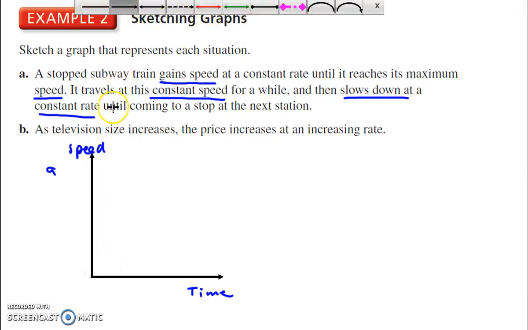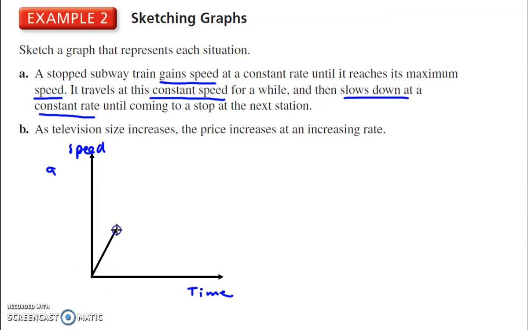All right, and it gains. It starts at 0, gains speed at a constant rate, then stays at that speed, constant speed for a while, and then slows down at a constant rate until it comes to a stop, which means all the way back down to 0.